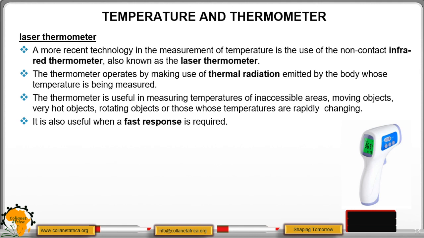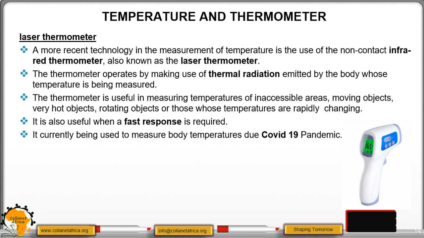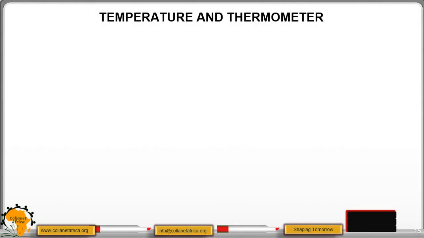For example, this instrument is being used currently to get the temperature of human beings because of this pandemic, that is COVID-19, because this is where we want a fast response. We want to know the temperature of people who are entering a given area, so we use what we call an infrared thermometer.